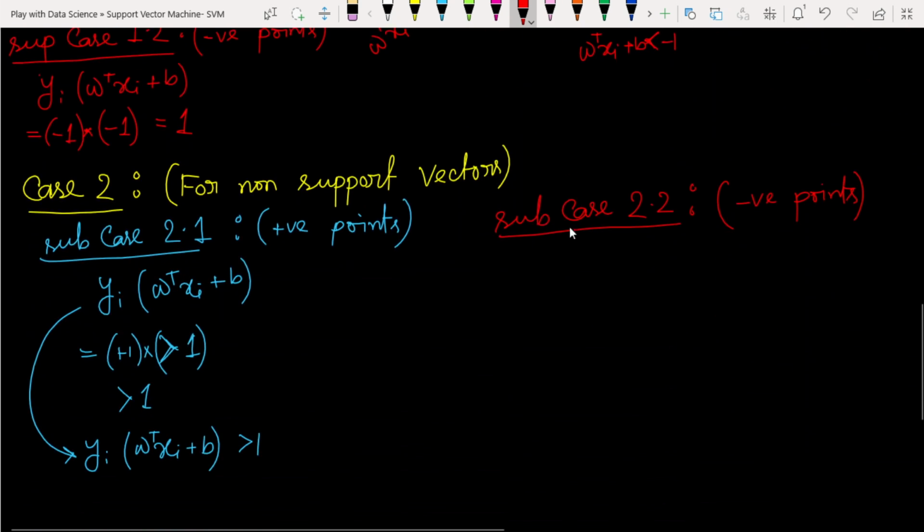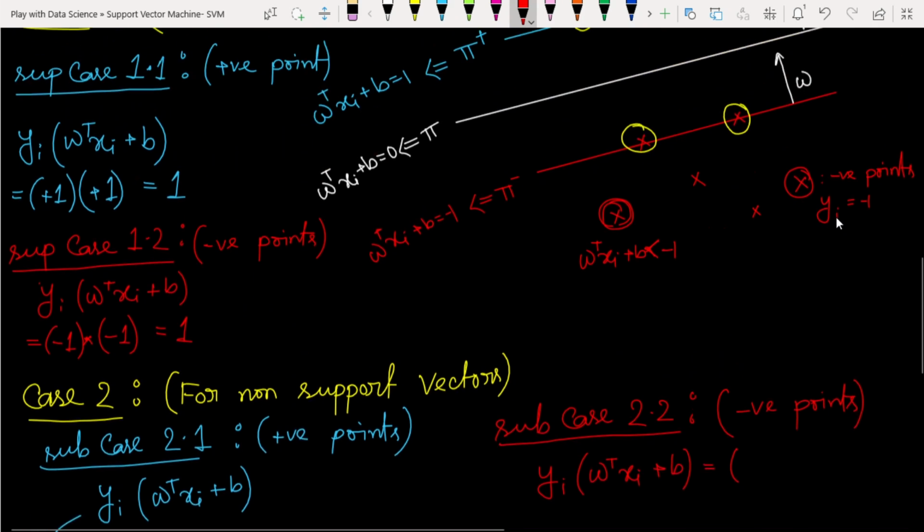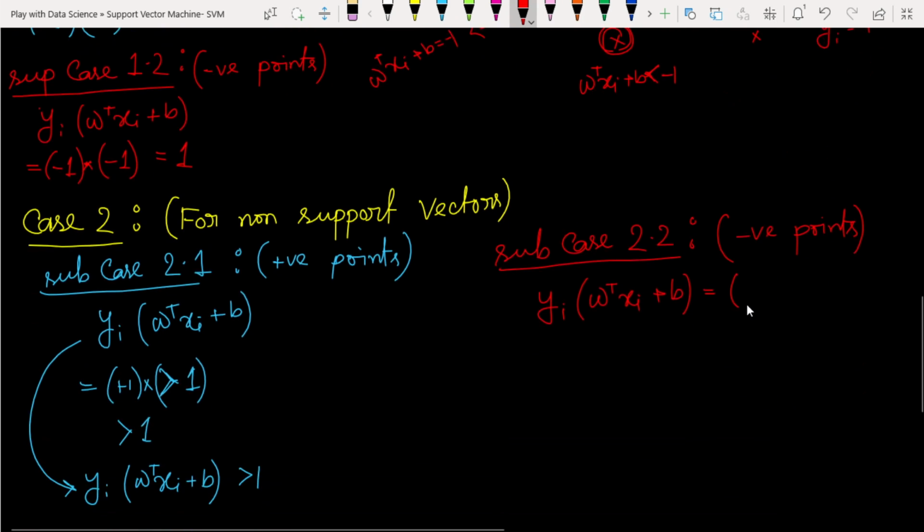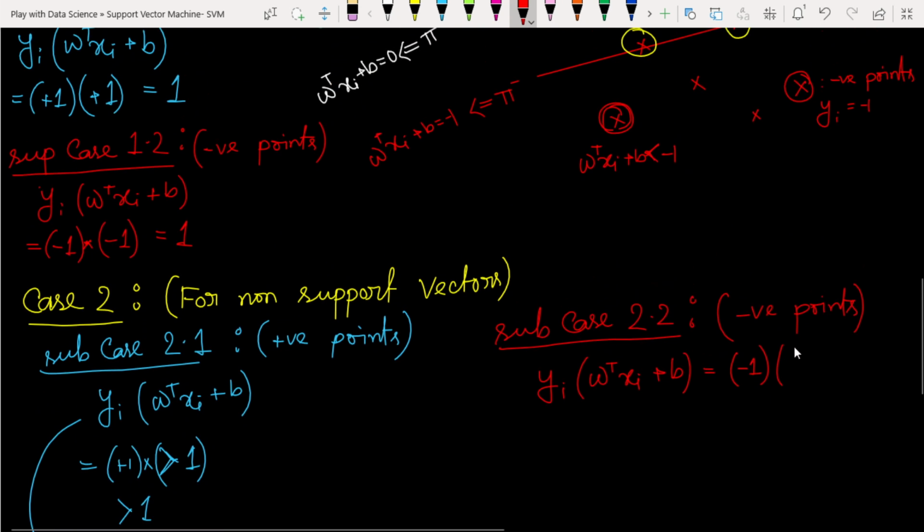Now if we calculate yi times W transpose xi plus b, what will this value be? This yi is surely negative for all these points, and this value is less than minus 1.